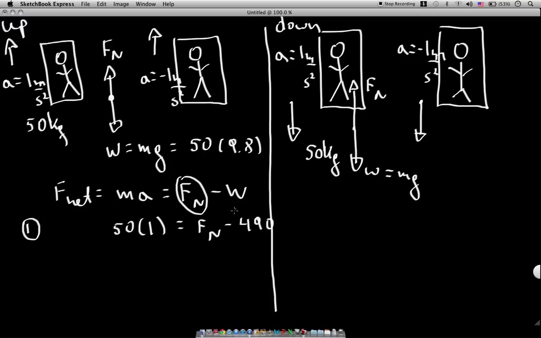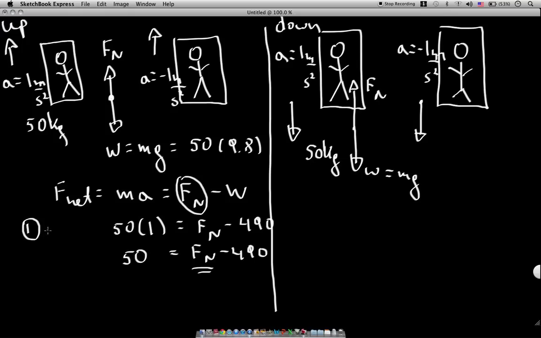And I'm omitting significant figures here, so you can assume that there's 2 sig figs or something, but it's more about the setup of the question. So what we have is 50 equal to Fn minus 490, and we can solve now for Fn, and that is just algebra.